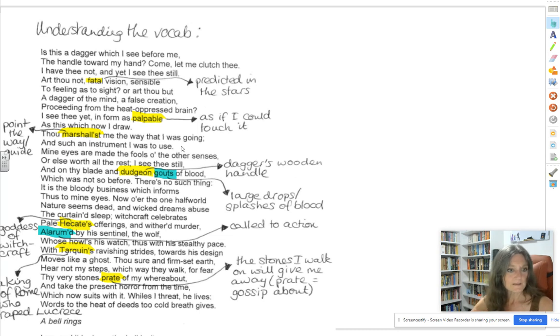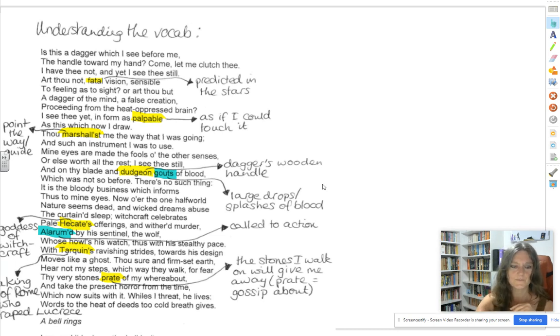So basically, what we are getting in this section here is Macbeth saying, I can see a dagger, but when I try and touch it, I can't touch it. So clearly it is a dagger in the mind. It's in my head, it's some kind of vision. I'm trying to grab it, but I can't grab it.